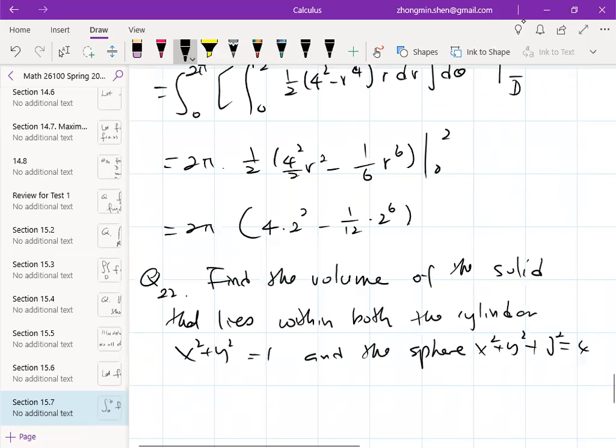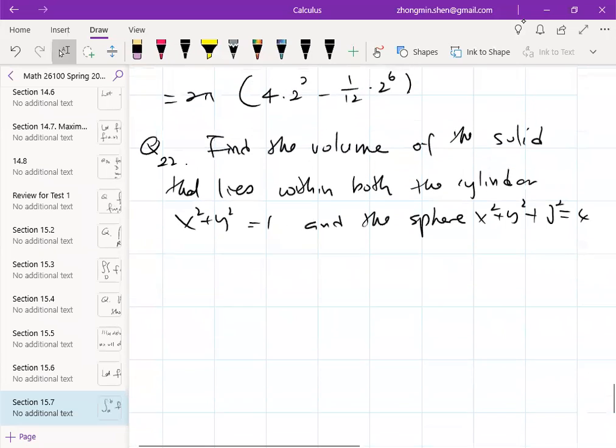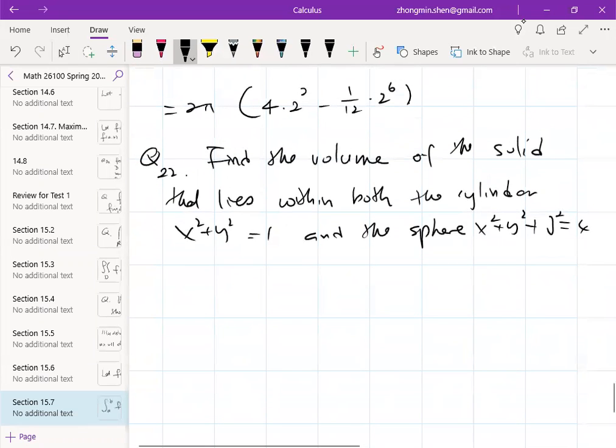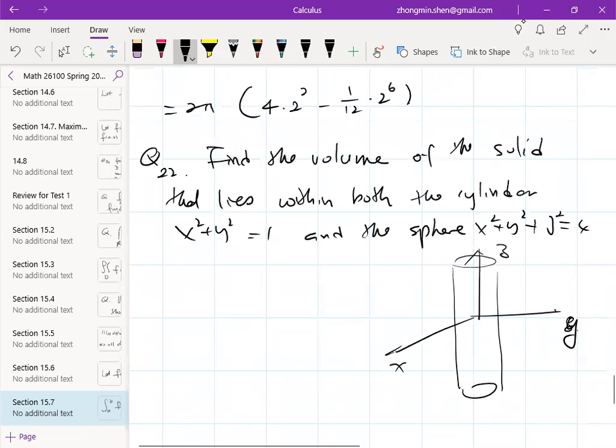Now this time I'm going to use a cylindrical coordinate system, but I have to draw the picture for the solid in the xy plane. x squared plus y squared equals 1 is a cylinder, and the sphere has a radius 2.